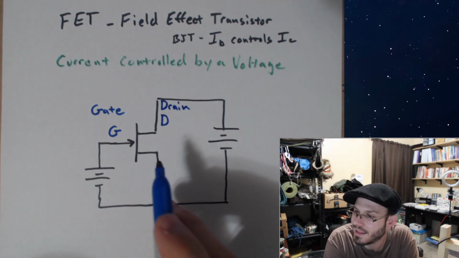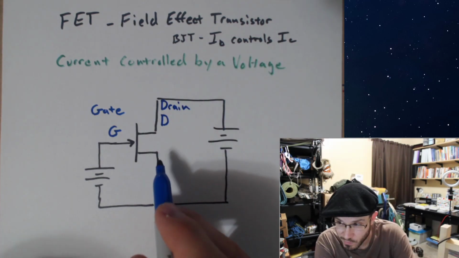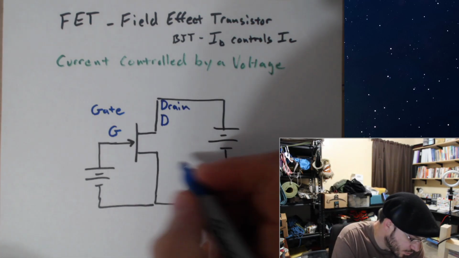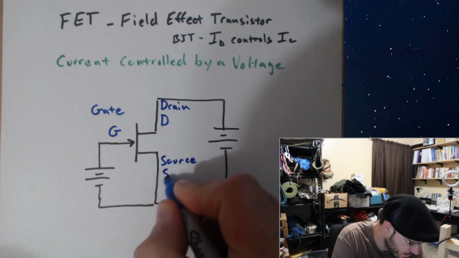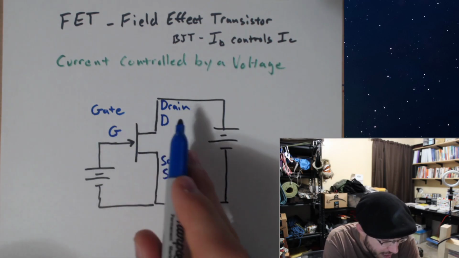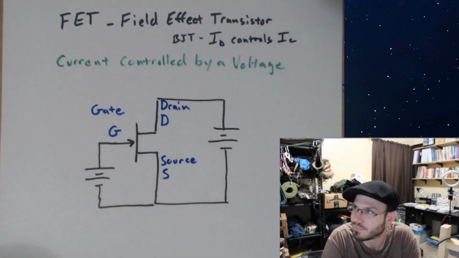And down here is not the emitter, this is referred to as the source. So G, D, and S.